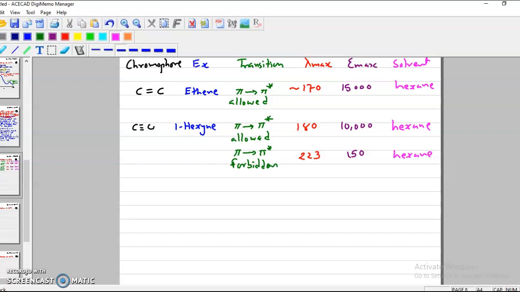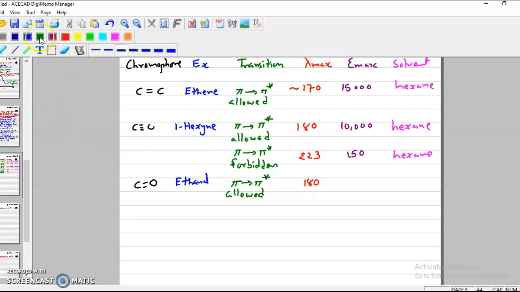The next chromophoric group will be carbonyl. The best example is ethanal. There is a double bond between carbon and oxygen, so pi to pi star transition, which will be allowed, and here the value of lambda maxima for this allowed transition would be about 180.